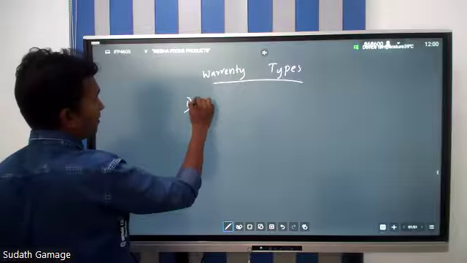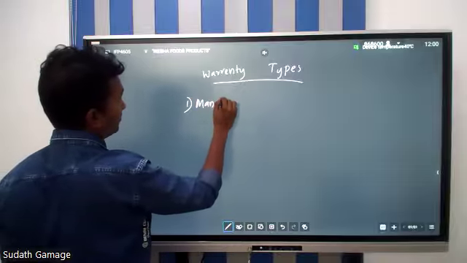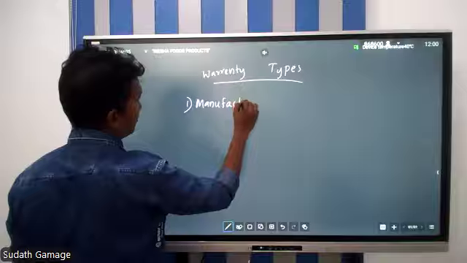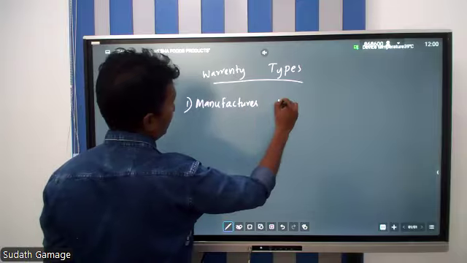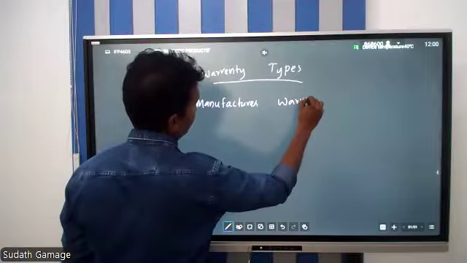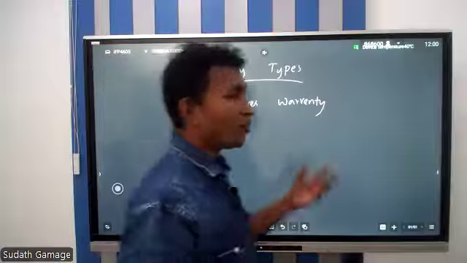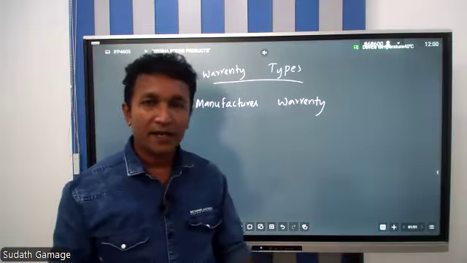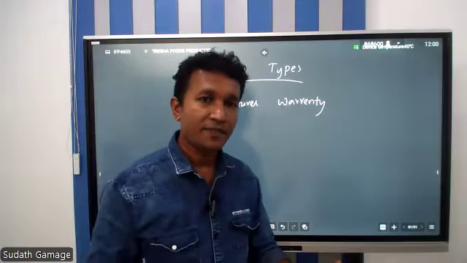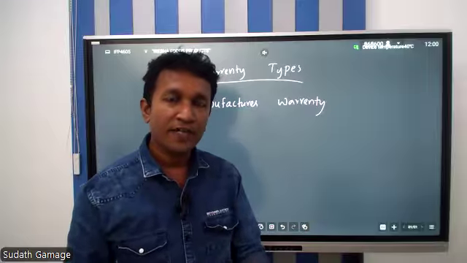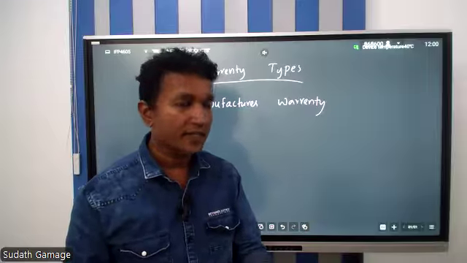First one is manufacturer warranty. This is the warranty that we normally get. Let's say I am going to purchase a computer. The shop owner will give a 1 year manufacturer warranty.